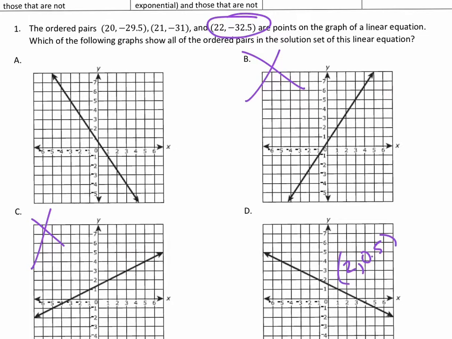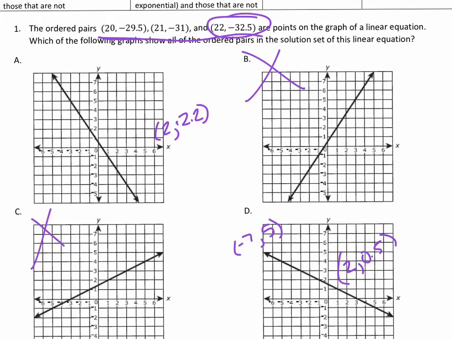Notice that's a big difference. Or let's say go to the negative 7 and up 5. Those are kind of big differences. But if I look at A, I go over 2 and I go down to like 2.2. Pretty close. So as you can see, those are the kind of numbers that we're looking at here.